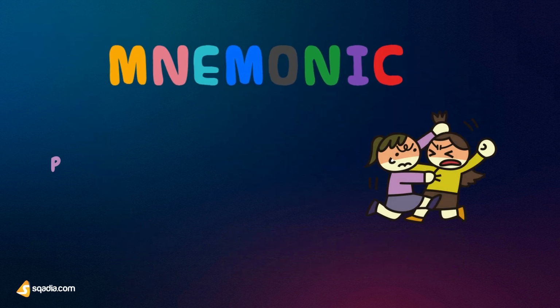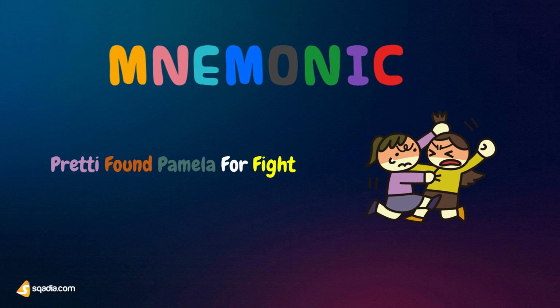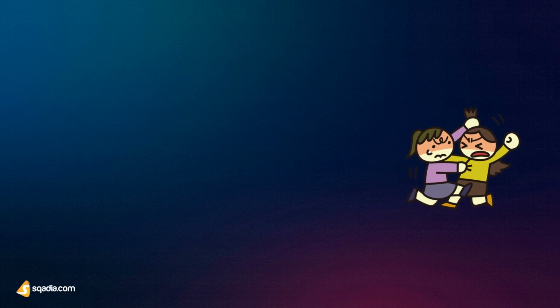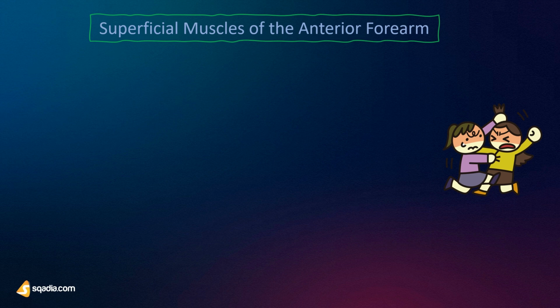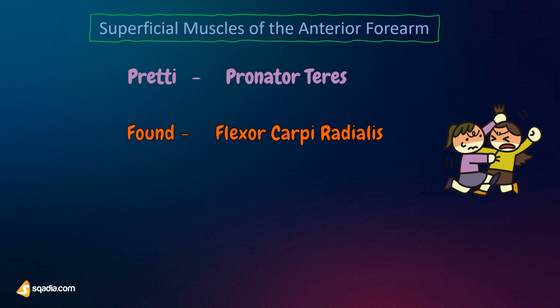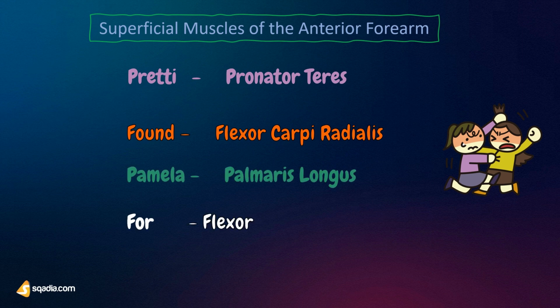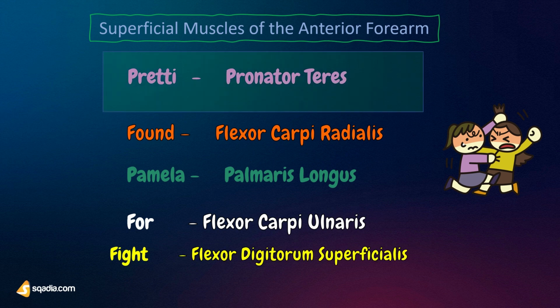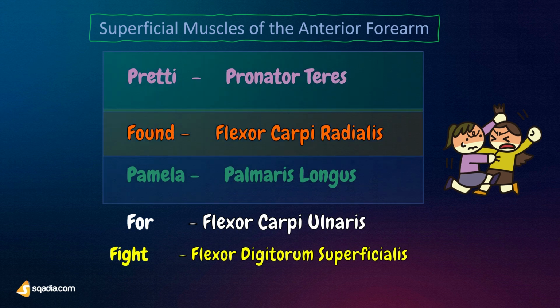A mnemonic to remember these muscles is Preddy found Pamela for fight, where each word denotes the name of the muscle as follows: pronator teres, flexor carpi radialis, palmaris longus, flexor carpi ulnaris, flexor digitorum superficialis, and pronator of the forearm.